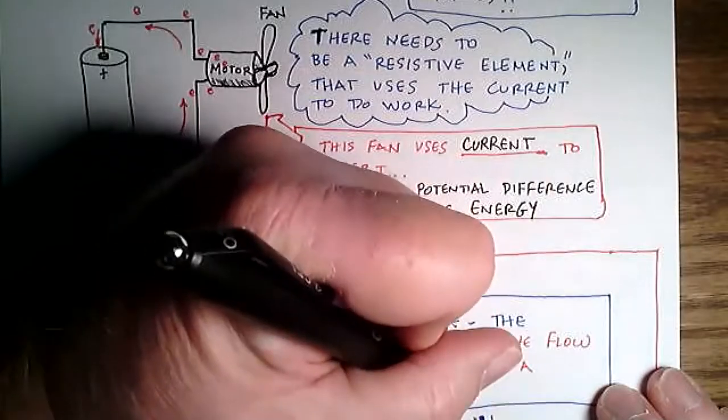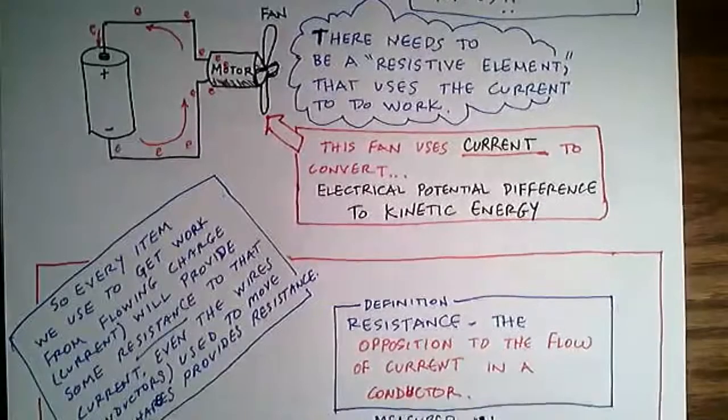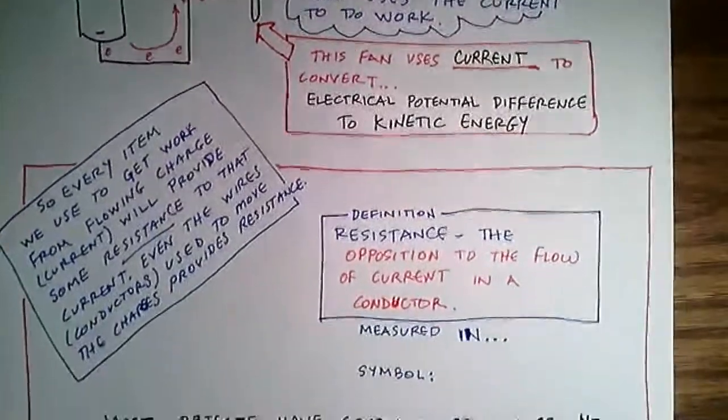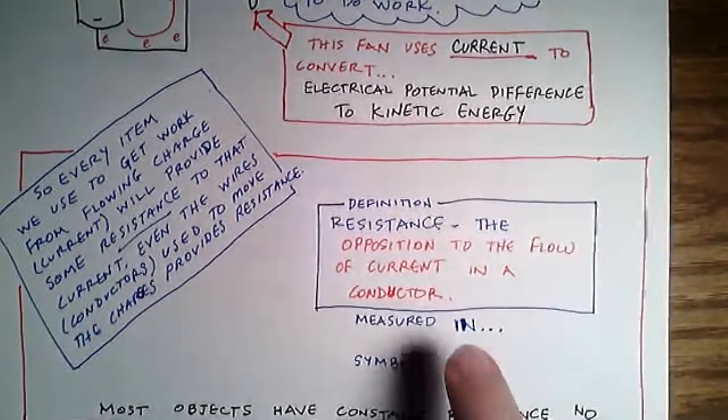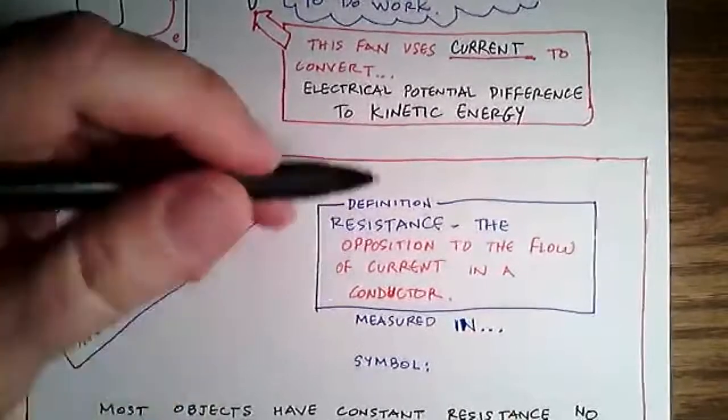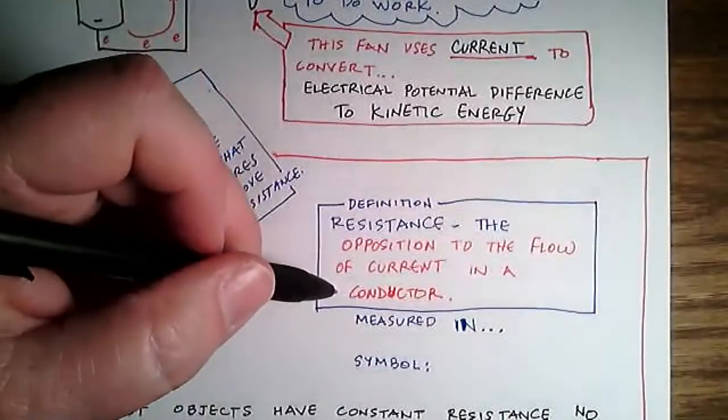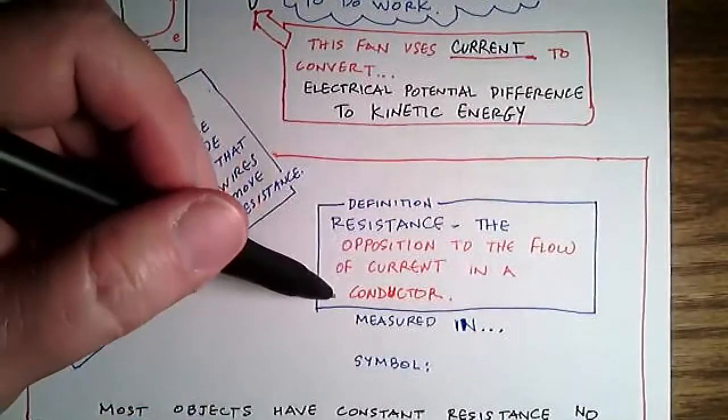Now, you guys at this point, I hope, recognize that a conductor is simply a substance that will allow electricity to flow through it. That's what a conductor is. The opposite of a conductor is an insulator, and that's an object that doesn't allow electricity to flow through it.